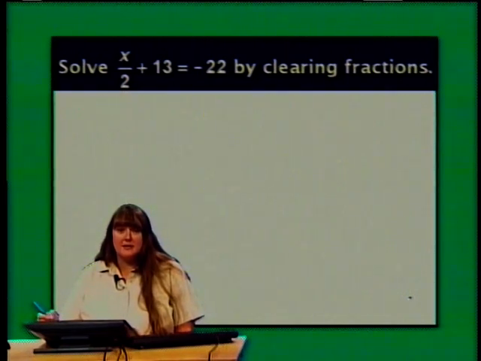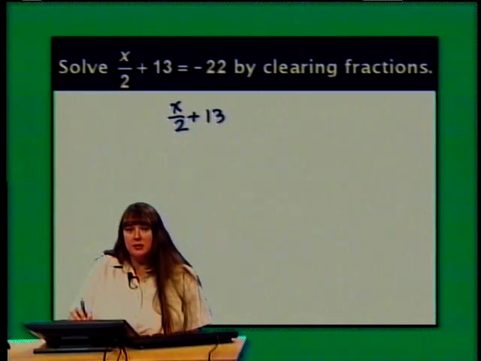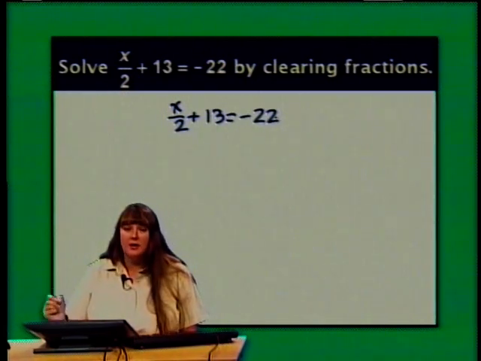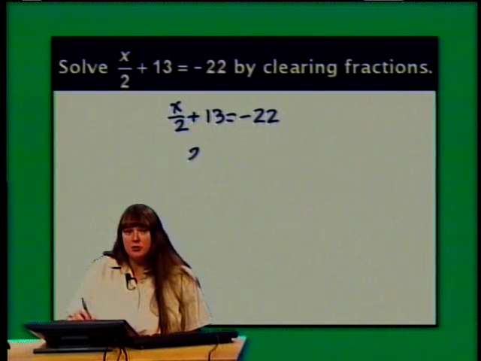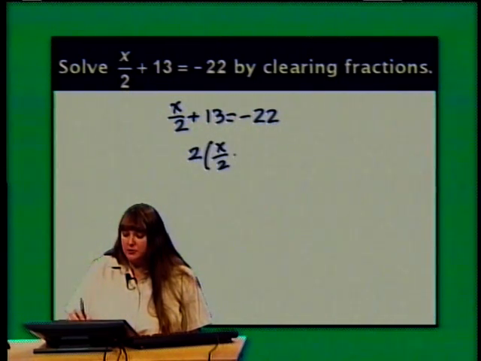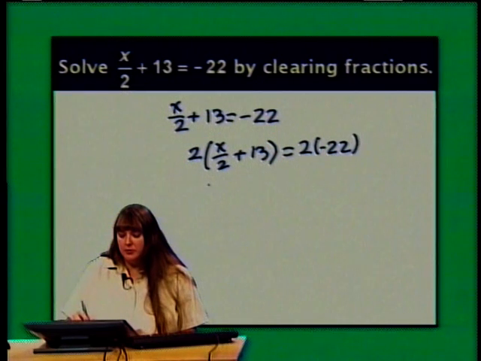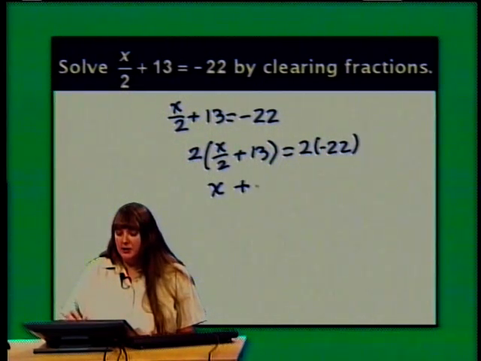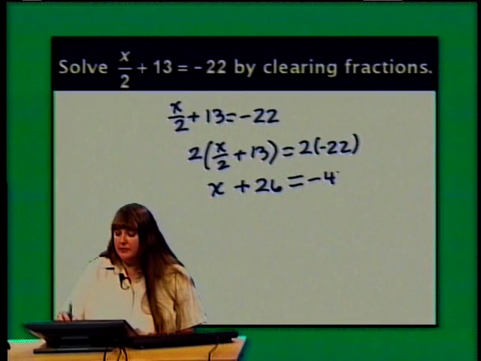Let's try solving this equation by clearing fractions. I have x over 2 plus 13 equals negative 22. My only fraction is x over 2, so I'm going to multiply both sides of this equation by that denominator, 2. So 2 times the quantity x over 2 plus 13 equals 2 times negative 22. 2 times x over 2 is just x, plus 2 times 13 is 26. 2 times negative 22 is negative 44.